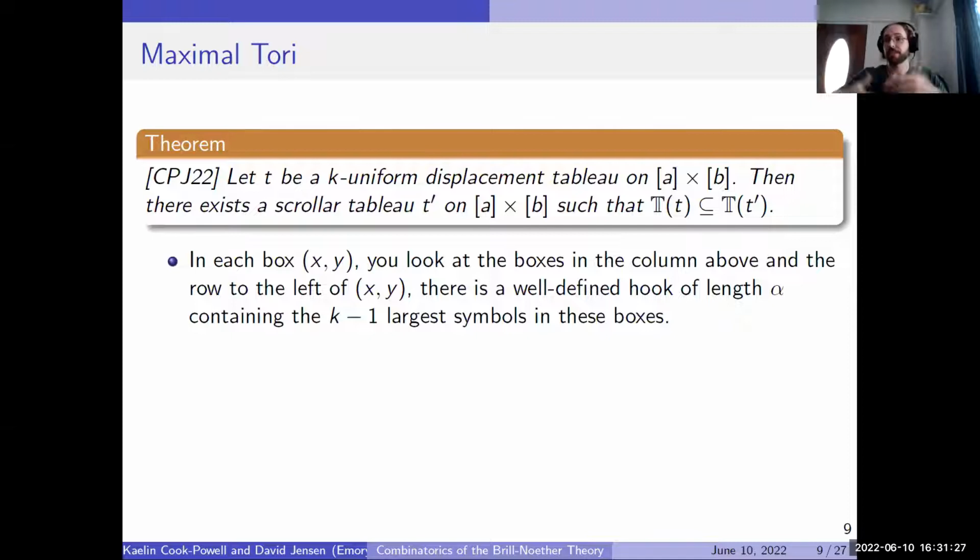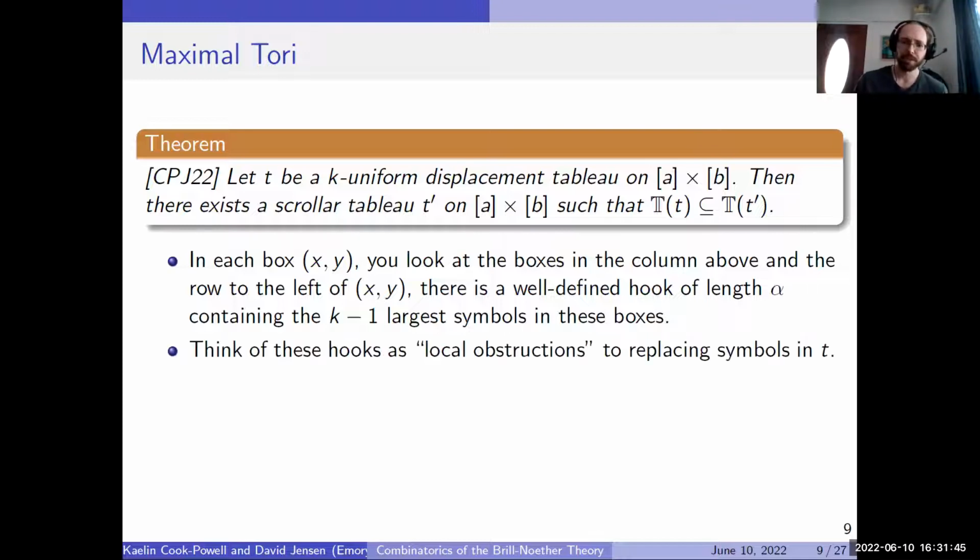Then I can find a certain number of symbols that are biggest with respect to this. And this ends up being a well-defined hook. And in particular, I'm worried about the k-1 largest symbols. In some sense, these are going to be obstructions to replacing symbols in a uniform fashion. And I want to try to work around these local obstructions.